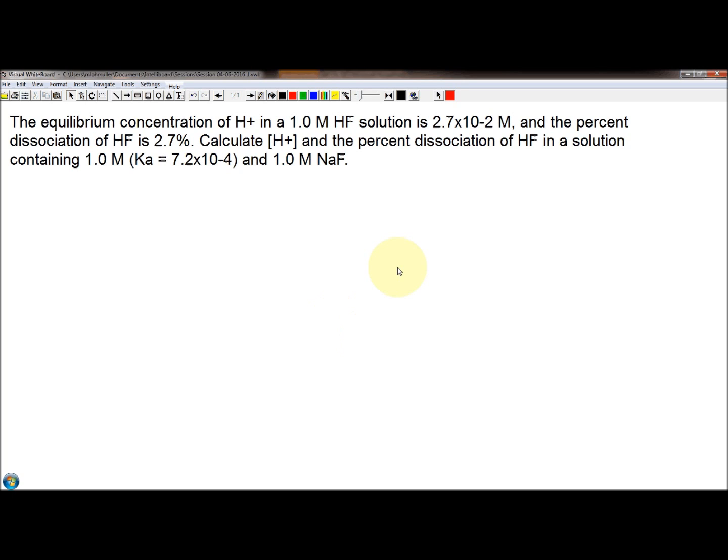For example 1, the equilibrium concentration of hydrogen ion in a 1 molar hydrofluoric acid solution is 2.7 times 10 to the negative 2 molar, and the percent dissociation of hydrofluoric acid is 2.7%. So only 2.7% of the hydrofluoric acid actually broke up into its ions. We need to calculate the concentration of the hydrogen ion and the percent dissociation of hydrofluoric acid in a solution that contains 1 molar hydrofluoric acid and 1 molar sodium fluoride.